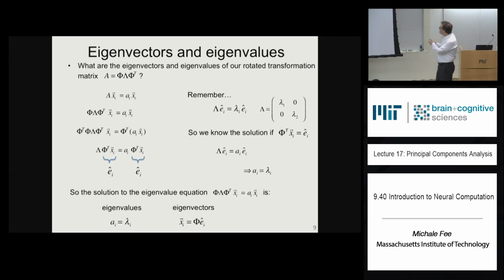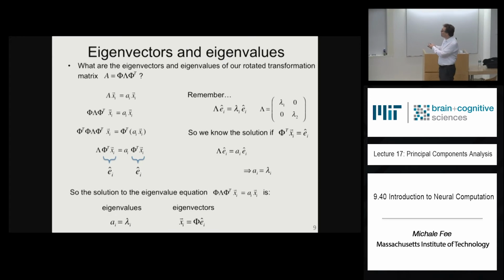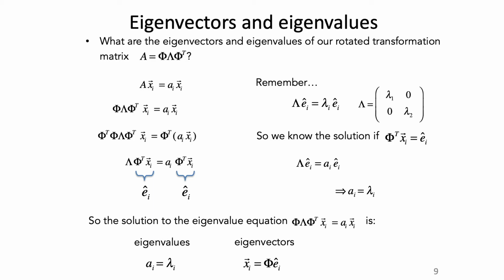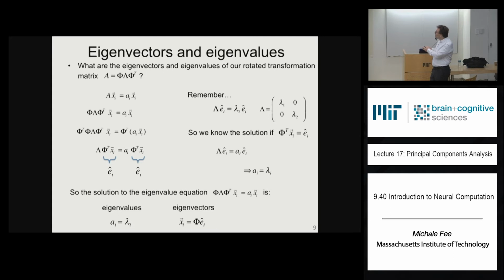We just solve for x by multiplying both sides by phi transpose inverse. What's phi transpose inverse? Phi. So we multiply both sides by phi. This becomes the identity matrix, and we have x equals phi times this set of standard basis vectors.